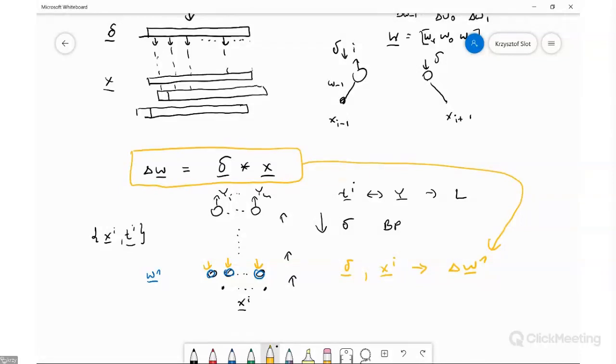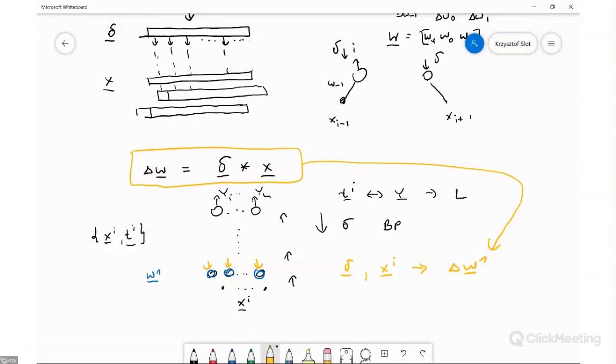I hope this is clear. It's nothing that you will be asked to implement on your own, but if you are asked to do so, this is nothing different than backpropagation. The only difference is that now all neurons in this layer are the same.